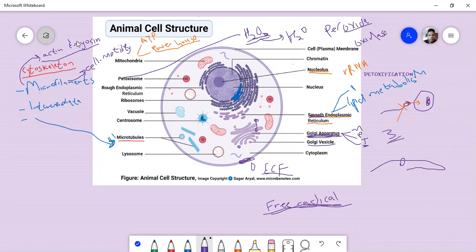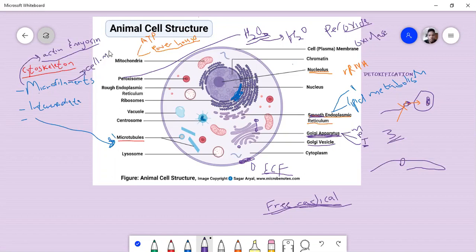Cell mobility, cell motility, one and the same thing. But I think I'm wrong. It's cell mobility, guys. But is there such a word? It seems like my brain is playing games with me. Let's say cell mobility. I'll check it.